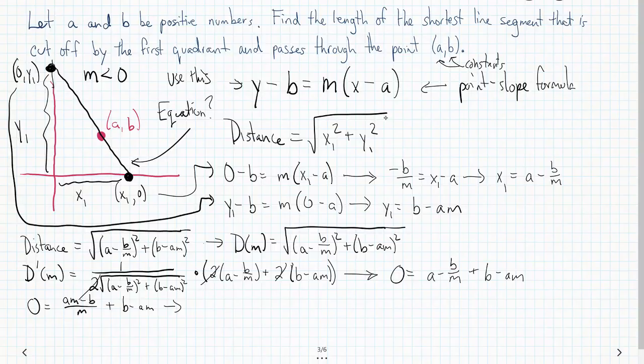If we move the top and bottom by -1, we get b minus am plus our b minus am.